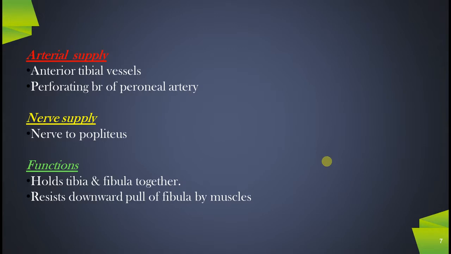Due to their pull, mainly because of gravity when you are standing upright, they have the tendency to pull the fibula downwards, because all the muscles which are originating are traveling downwards to the foot. So to resist this, the interosseous membrane is actually holding it, and that is the main function of the middle tibiofibular joint.